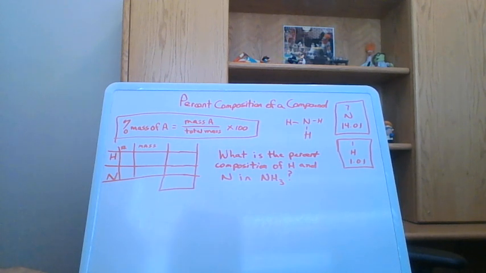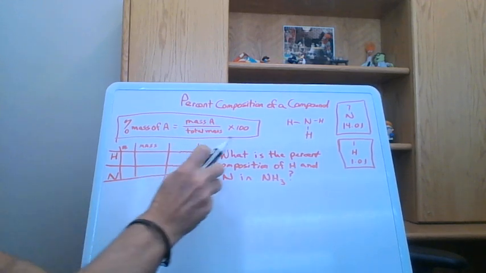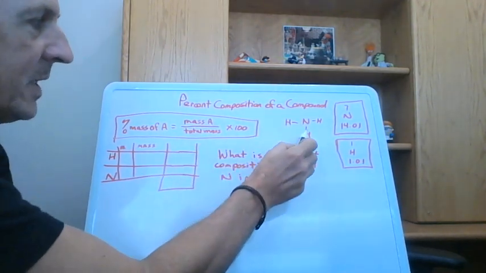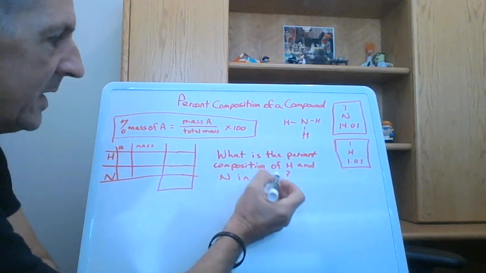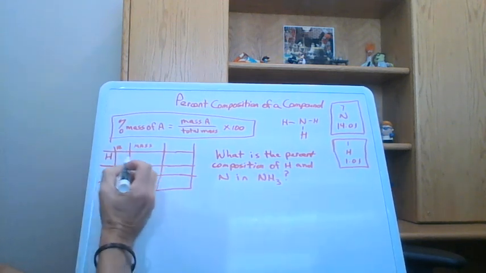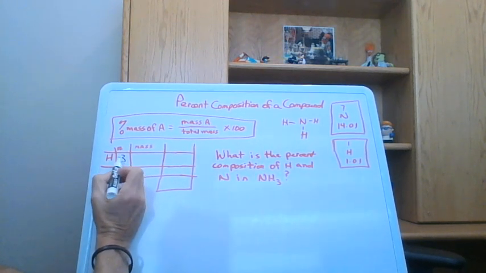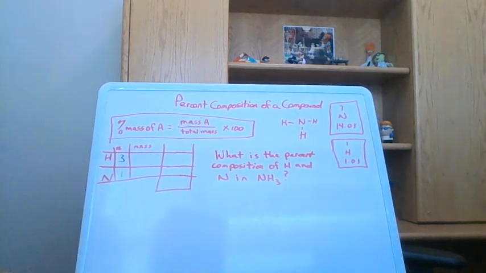What is the percent composition of hydrogen and nitrogen in NH3? So what we want to do is find the molar mass of NH3 to begin with. And remember, to do that, we need the mass of all the parts that make up this molecule. So we look at it, it's NH3. That means we have 3 hydrogens and 1 nitrogen.